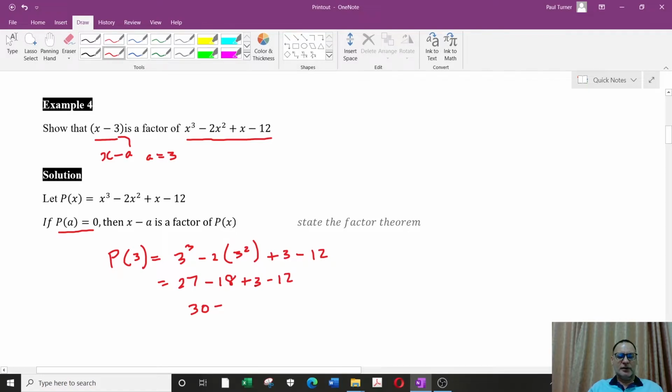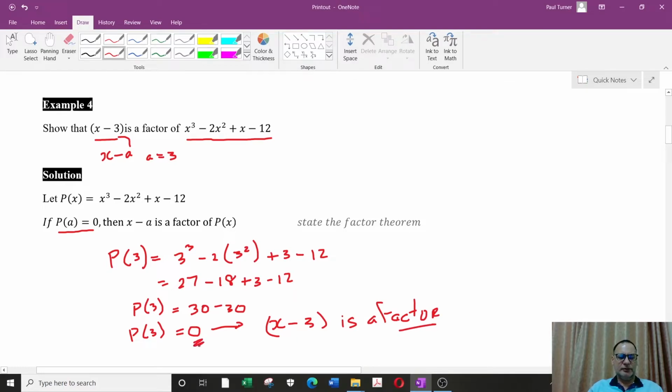Minus 18 minus 12 is minus 30. So 30 minus 30 equals 0. So P(3) will be equal to 0. So that means that x minus 3 is a factor of the polynomial, because the remainder is 0.